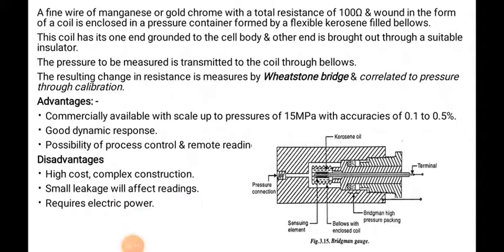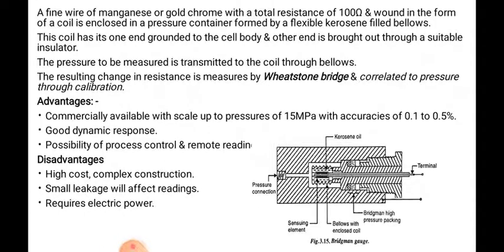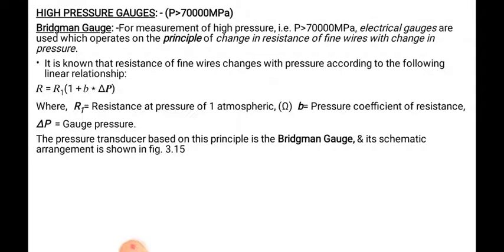So these are the disadvantages of the Bridgman gauge. It is measured by the Wheatstone bridge. So this is the high pressure gauge, the Bridgman gauge.